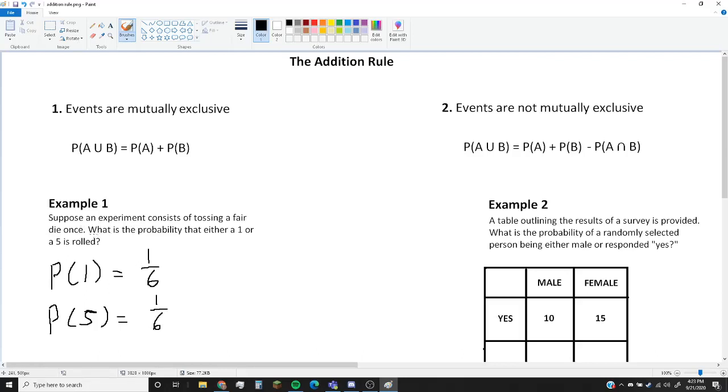So now the question is asking what the probability that either a 1 or a 5 is rolled. So that tells us we're finding the probability of a 1 or a 5.